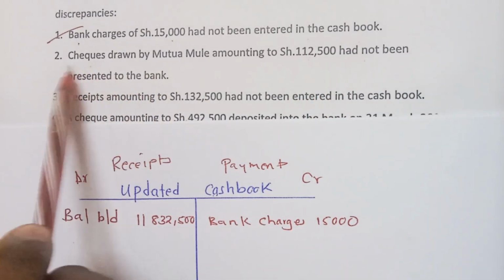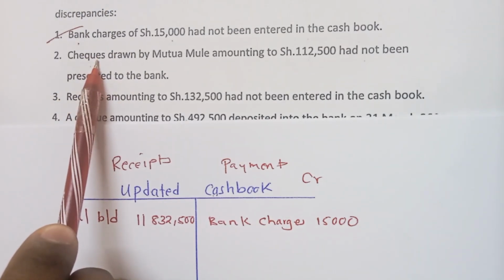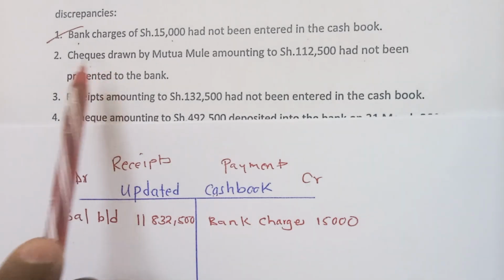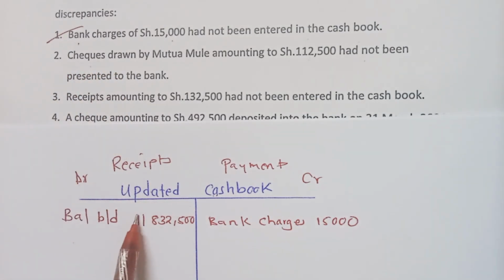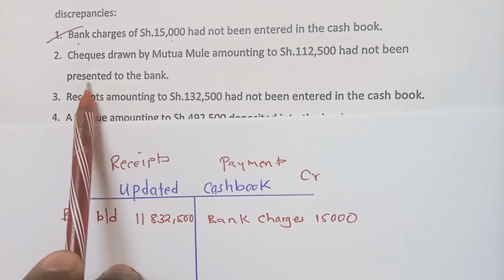Meaning this check, immediately Mutua Mule received it, this sole trader recorded that transaction in his books. Meaning this check has not yet been presented to the bank so that it can be captured.